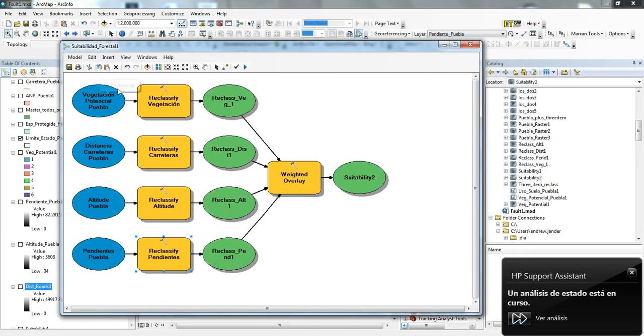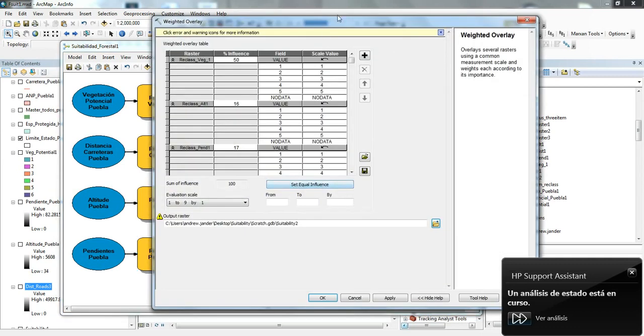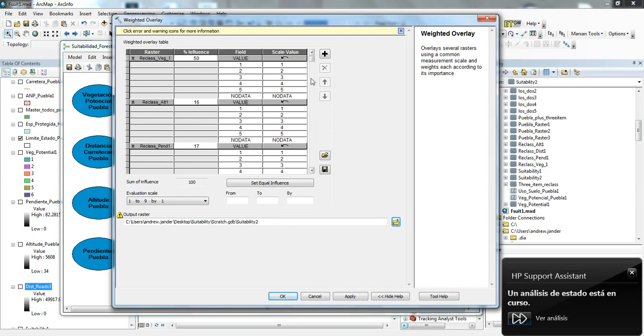So basically, we take all these together, and those reclassifies all run, and then go into these outputs here. And these outputs are then put into the weighted overlay. And the weighted overlay basically takes the inputs, and then you give a percent influence to those inputs.